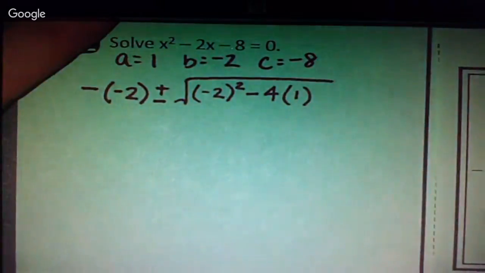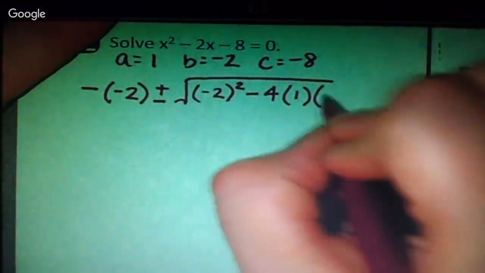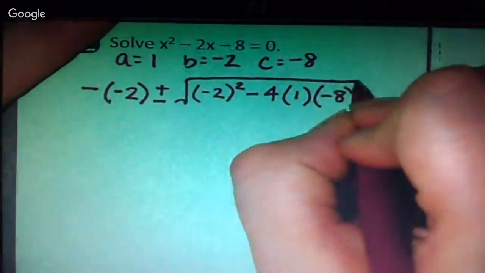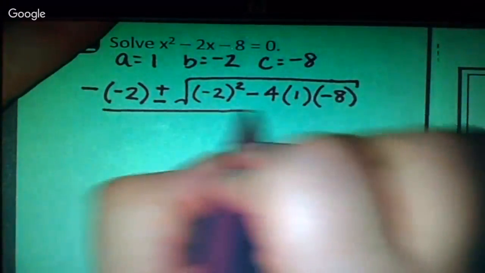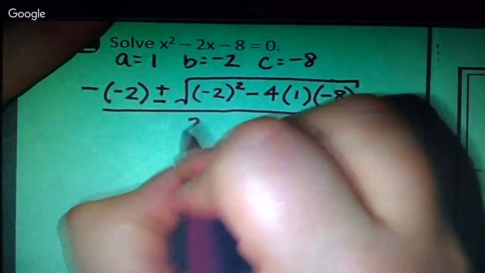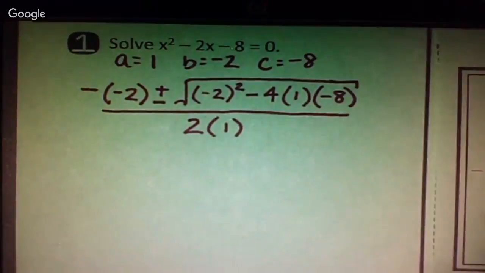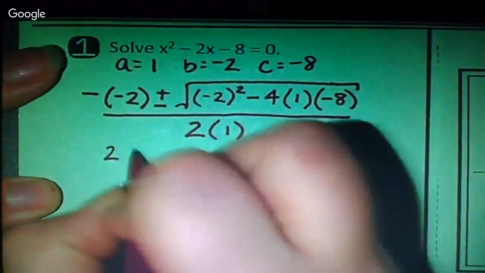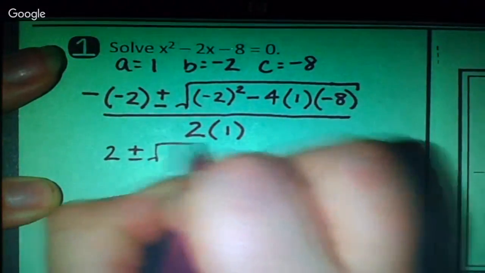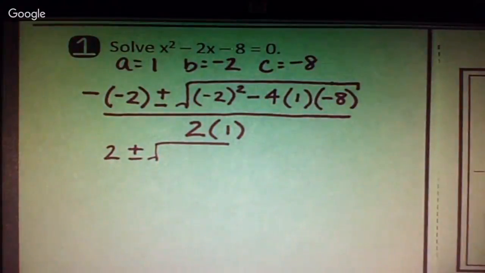So we plug in the A, which is 1, and your C value, which is -8. And then you can take that and you can divide it by 2 times A. So we've got -2, positive. Plus or minus. We need to get the number that goes underneath the square root.